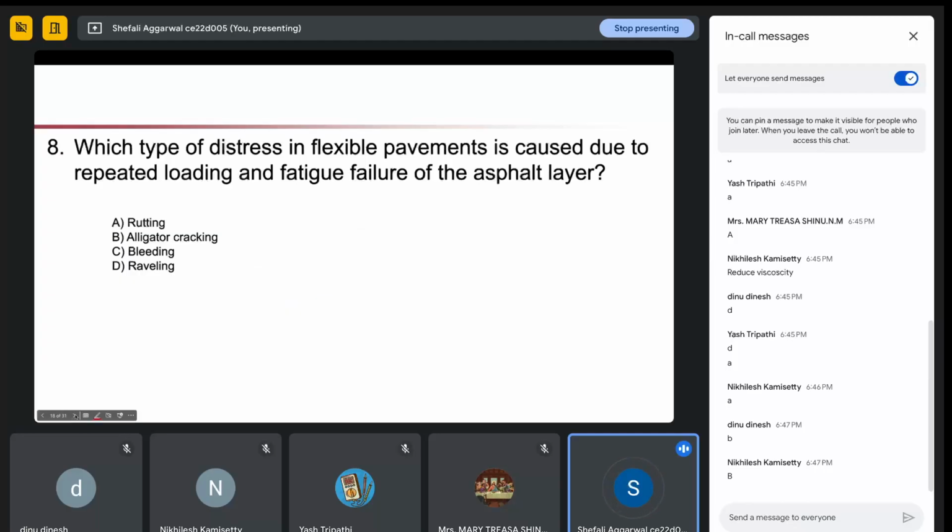Which type of distress in flexible pavements is caused due to repeated loading and fatigue failure of the asphalt layer? Rutting, alligator cracking, bleeding or raveling? A. Okay.